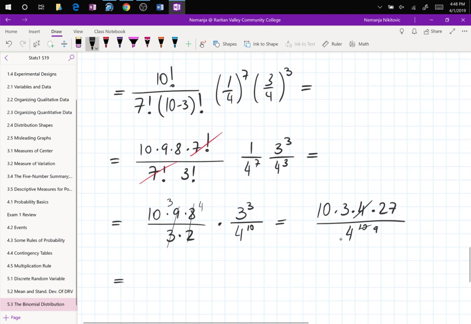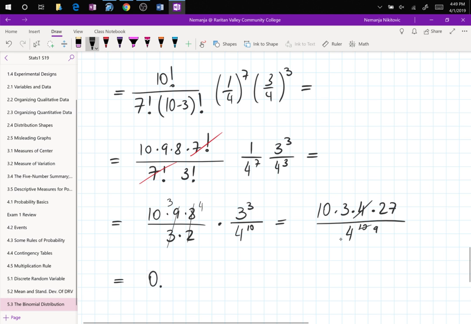As I said, you can just punch everything in the calculator right away and get the answer. So what I have here is 30 times 27 divided by 4 raised to the 9th power.